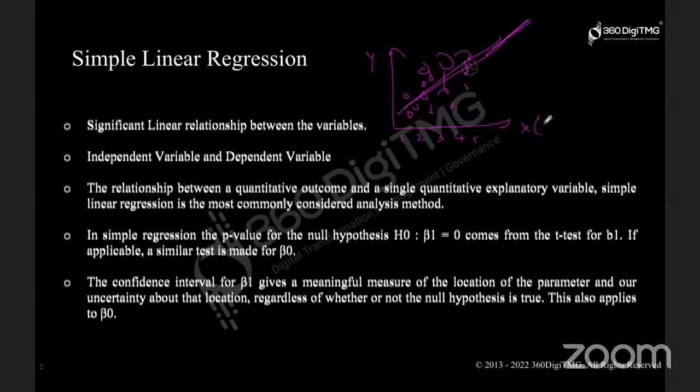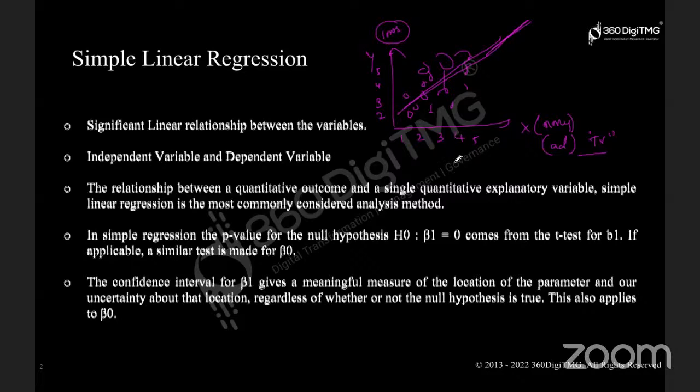This is the money spent on the ad telecast on television, the budget. These are your sales: 2 products, 3 products, 4 products, 5 products, if the data is taken in thousands. Now you have the line.